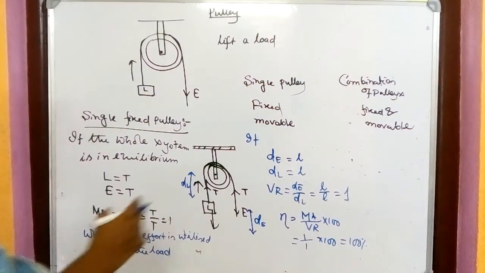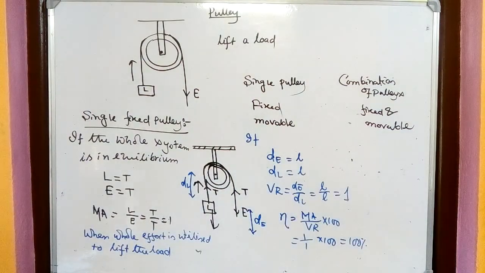So we can conclude, as I have done in the previous part also, that if efficiency is 100%, then mechanical advantage is equal to velocity ratio.